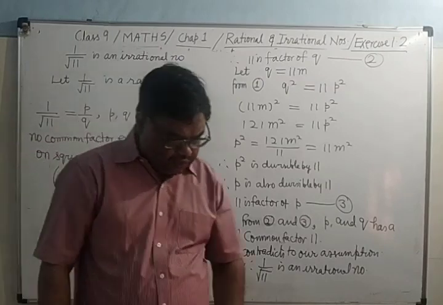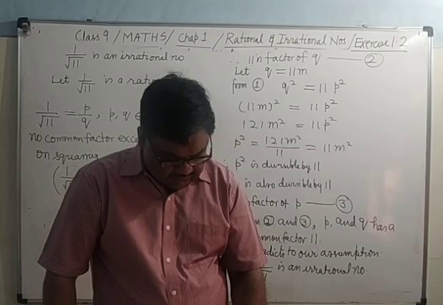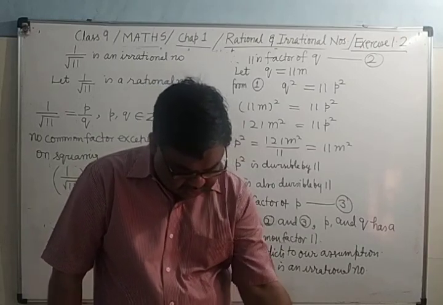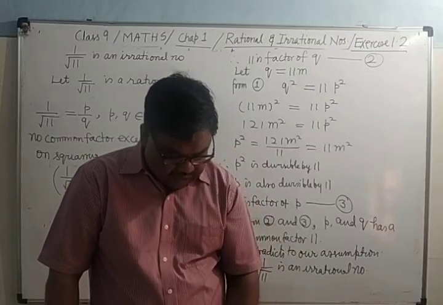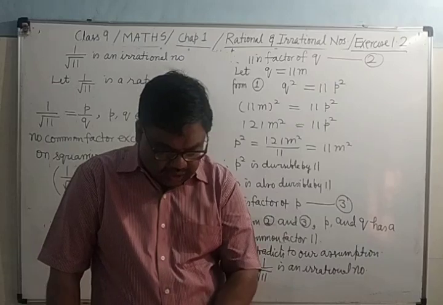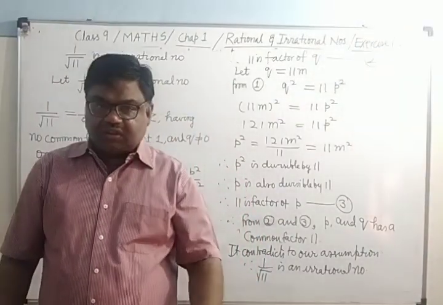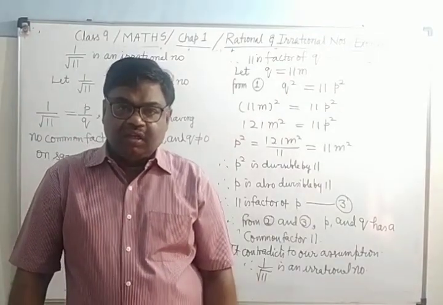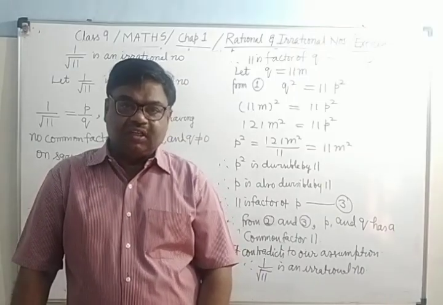Now we will do one more question here. Here you can see question number 5, question number 6, question number 7, all are of the same type. Their first part I will not do. In the first part you have to prove root 2 is an irrational number, and then you have to prove 3 minus root 2 is irrational.